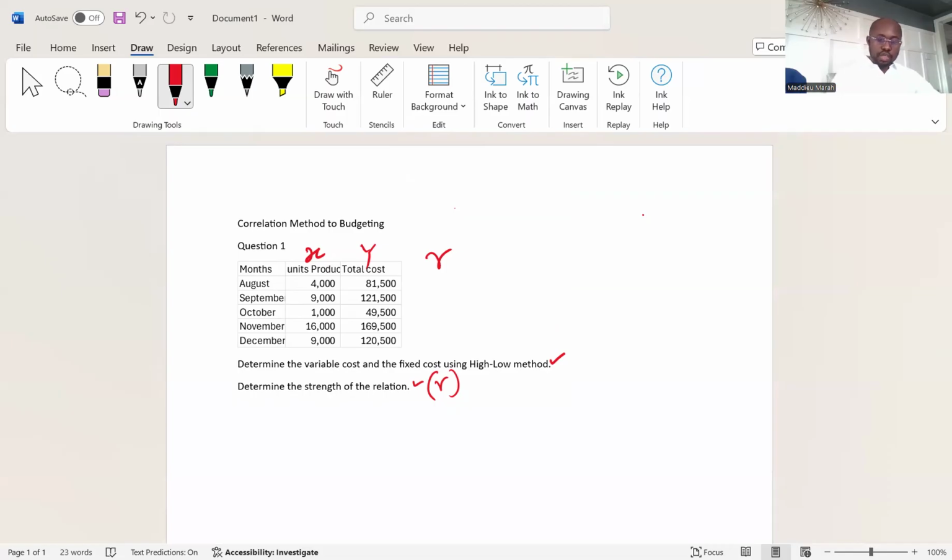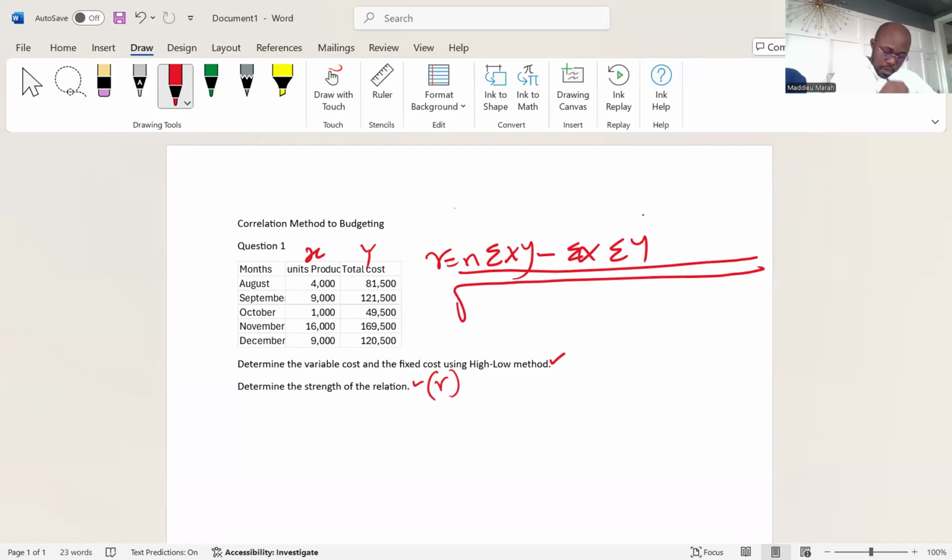So R equals N, which is the number of events, times the sum of XY, minus the sum of X times the sum of Y. All this is divided by the square root. Open the first bracket: square root of the sum of X squared minus the sum of X, all squared.